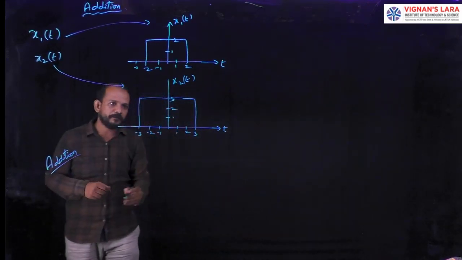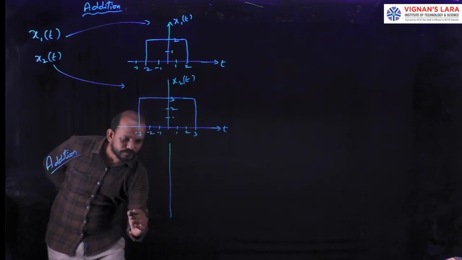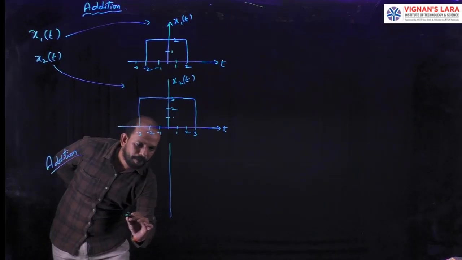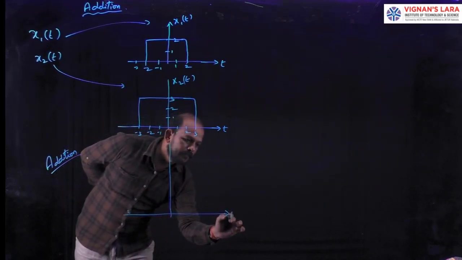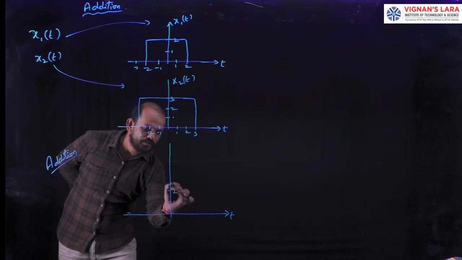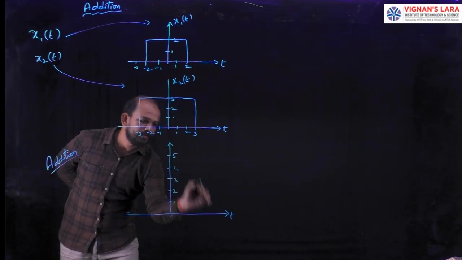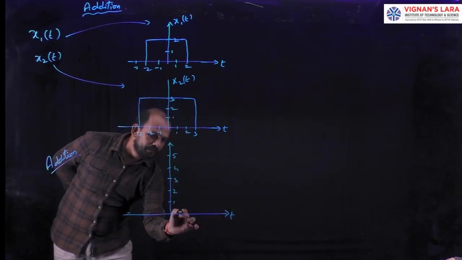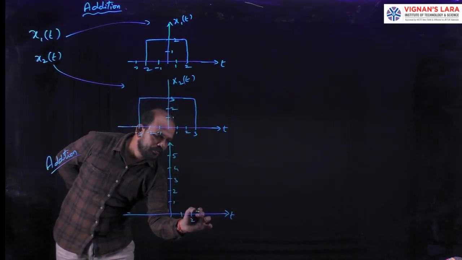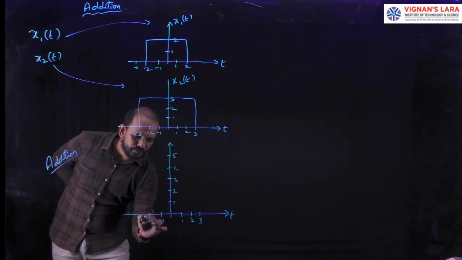So see here, this is t, with 1, 2, 3, 4, 5. The same way, 1, 2, 3, -1, -2, -3.